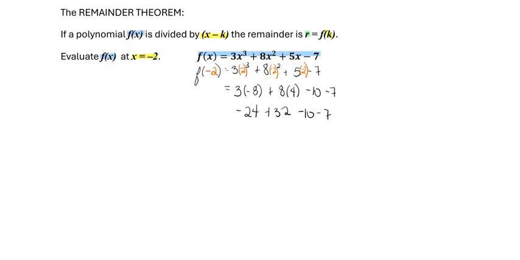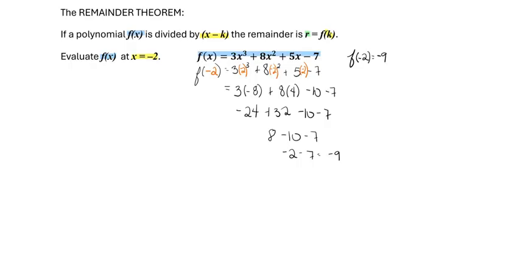So going in order here, -24 plus 32 gives me +8 minus 10 minus 7. 8 minus 10 is -2 minus 7 equals -9. So we have found the old way that f of -2 equals -9.